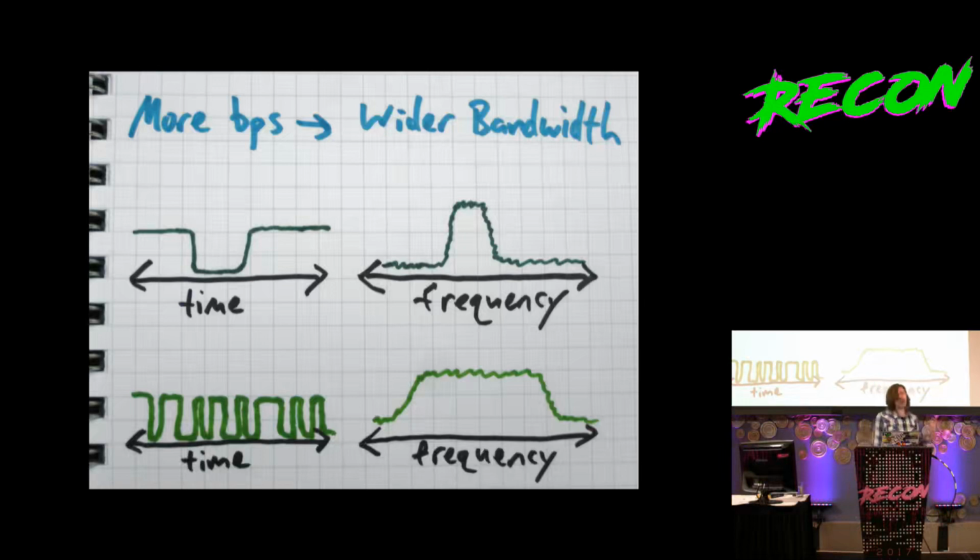If you transmit bits at a higher rate, like we do on the bottom, then the bandwidth of the signal will be wider. The bandwidth in hertz is always going to be proportional to the bit rate. And so the trick that direct sequence spread spectrum uses is to inflate the number of bits per second with redundant information.